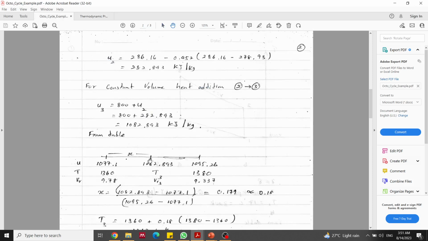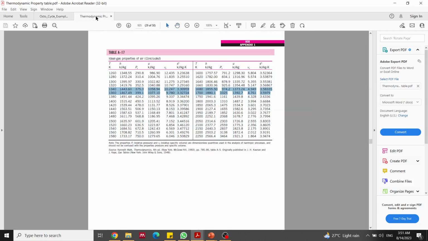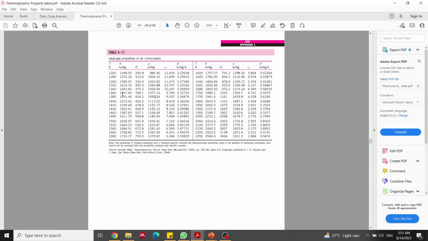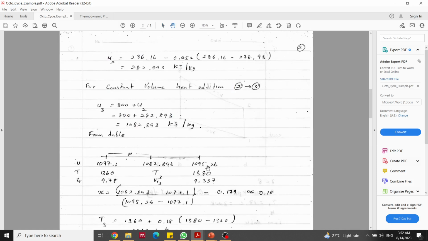Then if we go back, so this is the U value. So 1082 we are interested in. 1082 should be in between 1360 and 1380, therefore we can get these values 1077 and 1095.